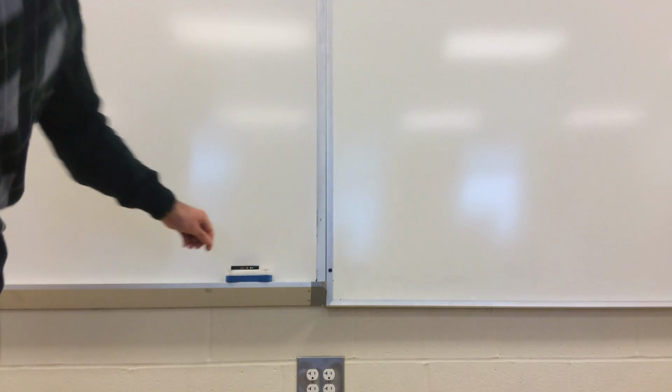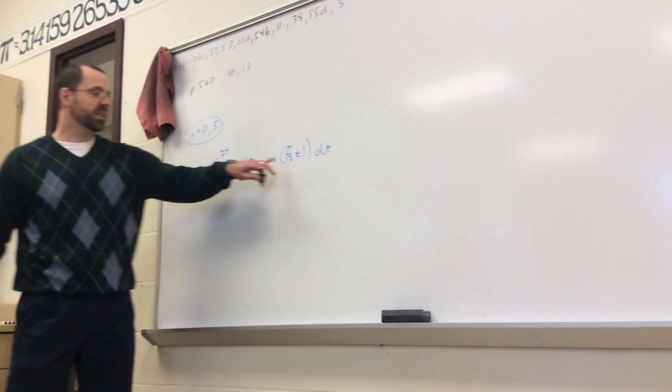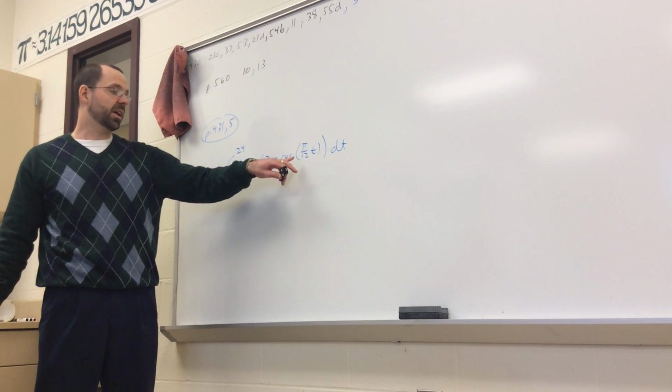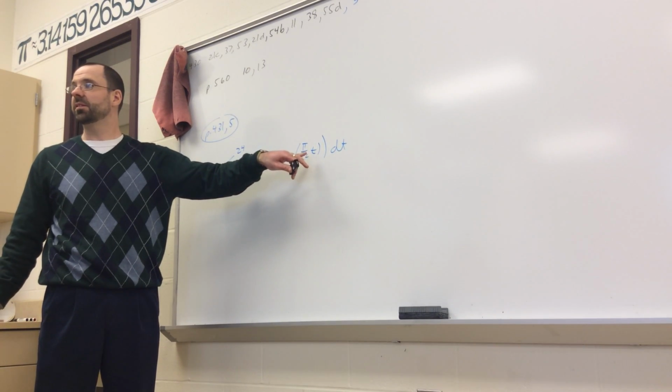And we're taking the integral of this from 0 to 24 of 300 times 2 minus the cosine of pi over 12t dt. So first thing I did was, instead of writing it as pi t over 12, I wrote it as pi over 12 times t.